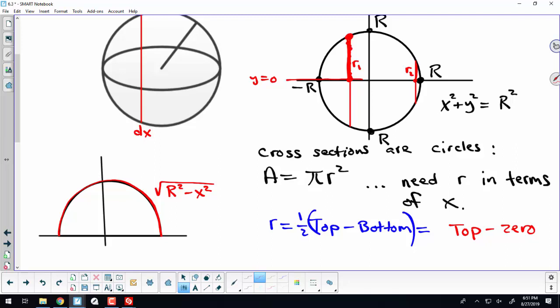So there we go, there's the top minus 0. So that's what our radius or radii are anywhere along or inside of that circle.